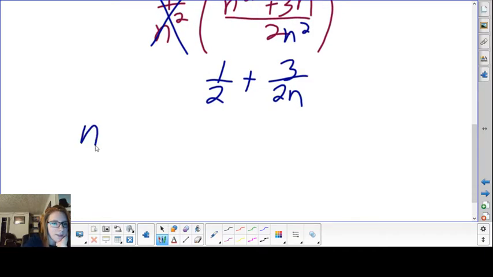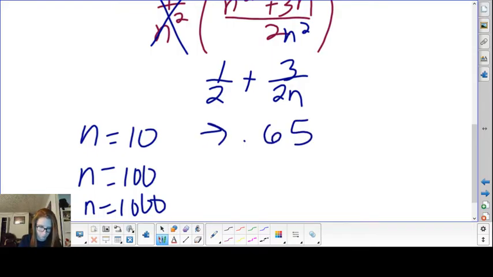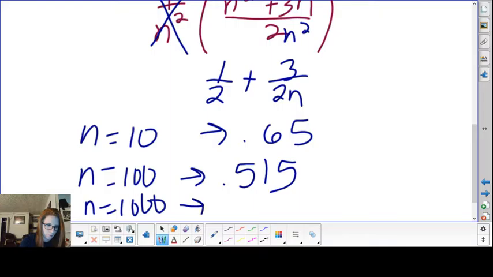And again, we're going to let n equal 10, n equal 100, and n equal 1,000. Which gives me 0.65. 0.515. And 0.5015.